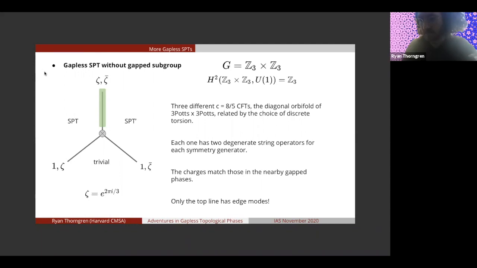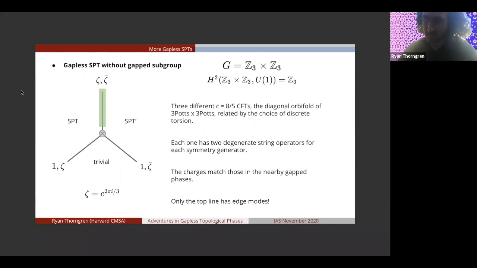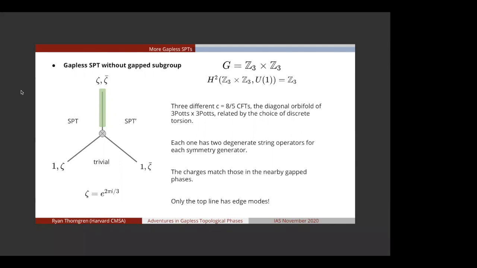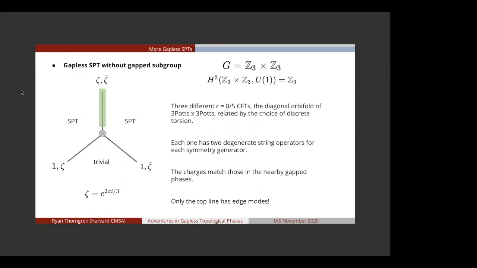The way I interpret this is that you have a CFT with a Z3 times Z3 global symmetry, and then you gauge this symmetry with or without discrete torsion. So can we do the same thing without the matter system, just without the CFT? Will we get the same effect? Because if so, then the CFT doesn't play a role here.